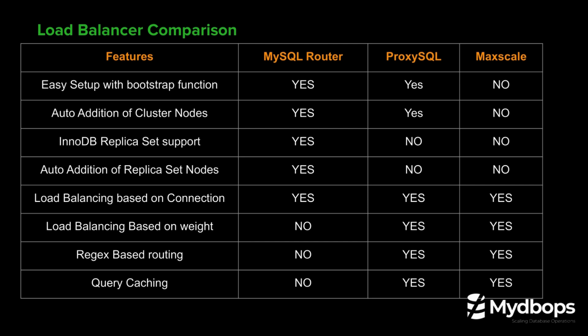Load balancing based on connection is available in all the load balancers. Three things are not available in MySQL Router: balancing based on weight, regex based routing, and query caching, which is available in ProxySQL and MaxScale.